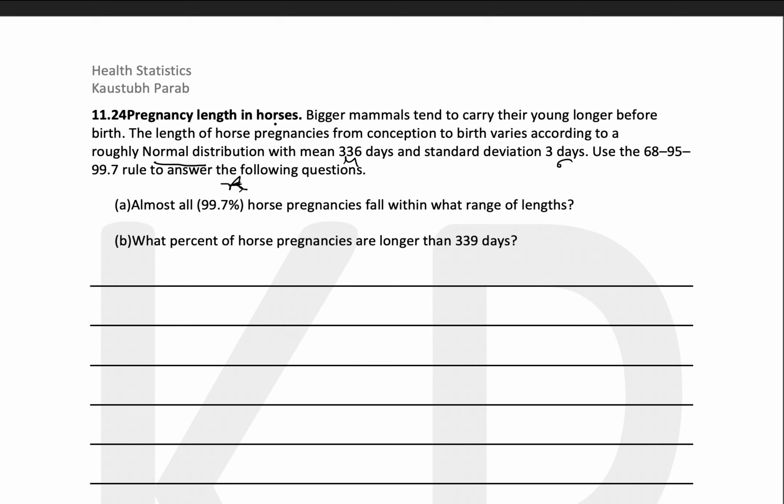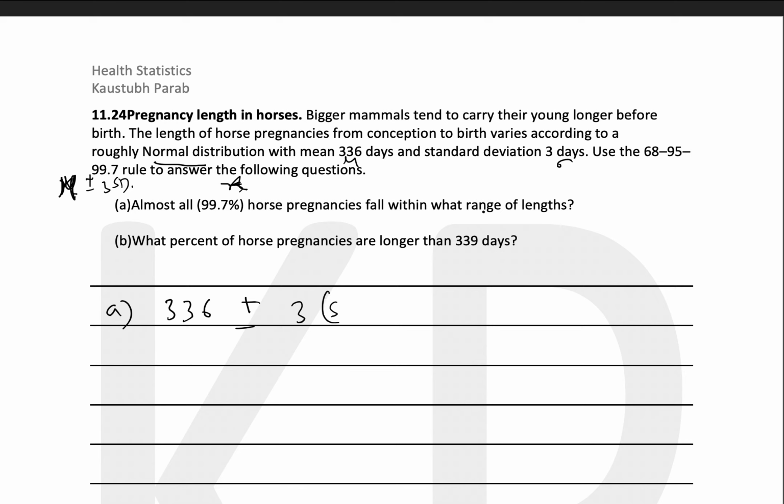So by the 99.7 rule, we know that that's plus or minus 3 standard deviations around the mean. So I should write mu as the population mean. Mean in this case is 336. That's going to be plus or minus 3 times the standard deviation.